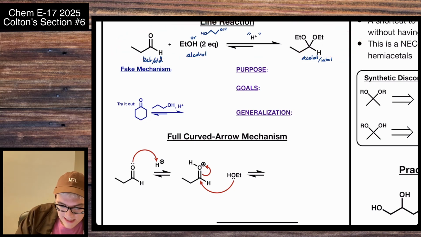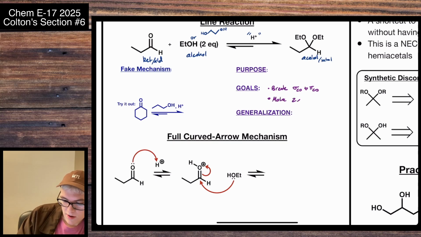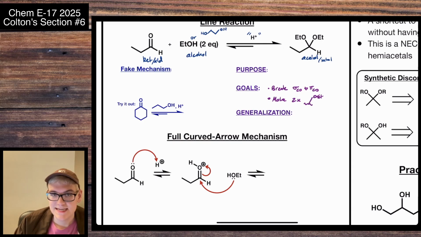So here, we need to fully break our CO bond right here. When we do that, we need to break our sigma CO and pi CO. And then we need to make two bonds between our carbon and our OEt alcohol here.